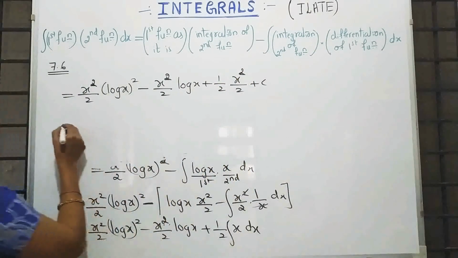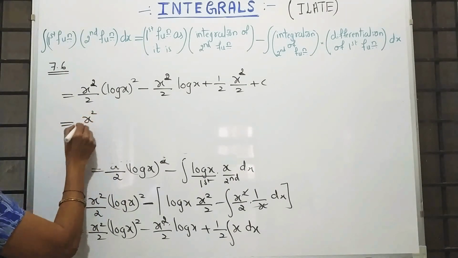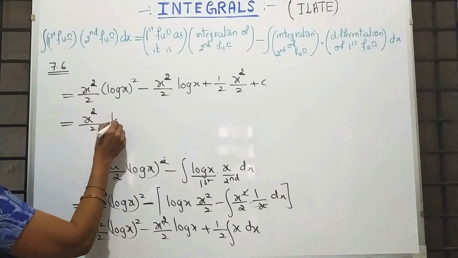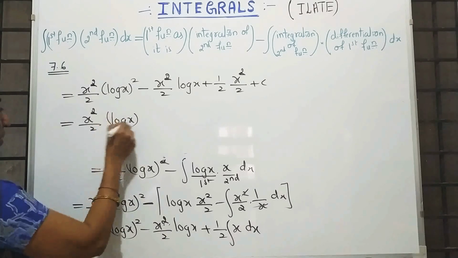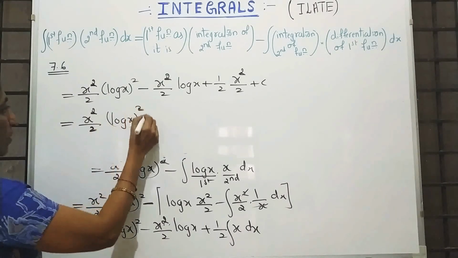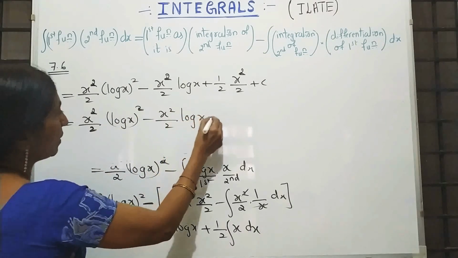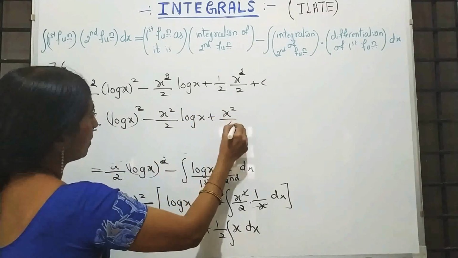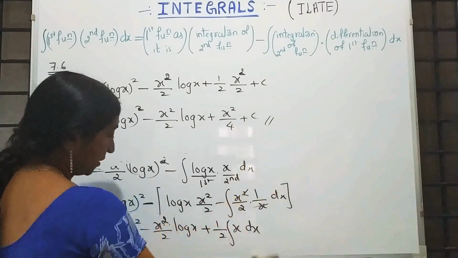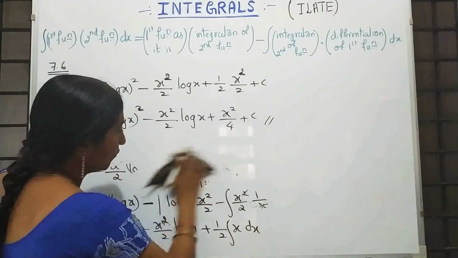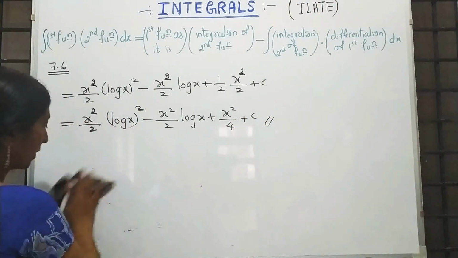Simplify this: x square by 2 log x whole square minus x square by 2 log x plus x square by 4 plus c. See, this is a sum. One sum I will give as homework.